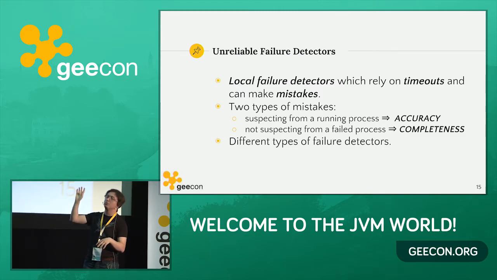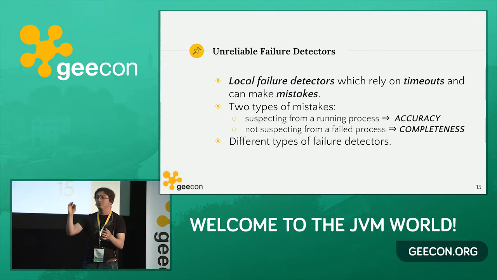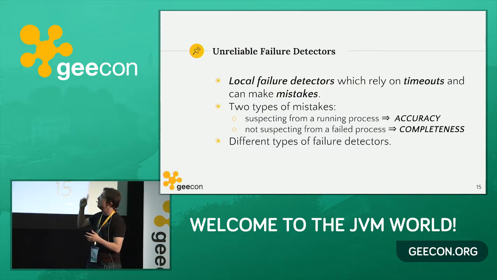They can make two types of mistakes. First, a local failure detector can suspect an actually running process. This is about its accuracy property. And it may not suspect an actually failed process, and this is about its completeness property.